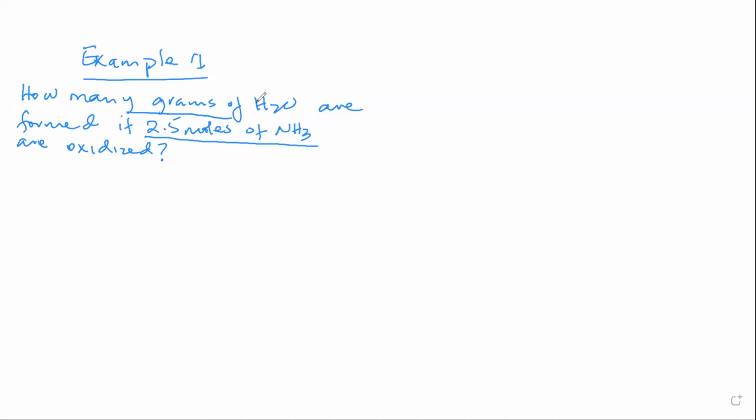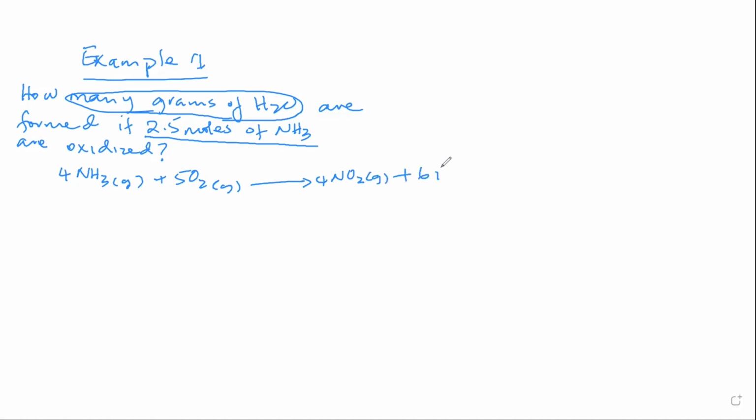So the balanced equation is 4 NH3 plus 7 O2 gives 4 NO2 gas plus 6 water. Now we are using this balanced equation. We must use it because it's a stoichiometry problem.